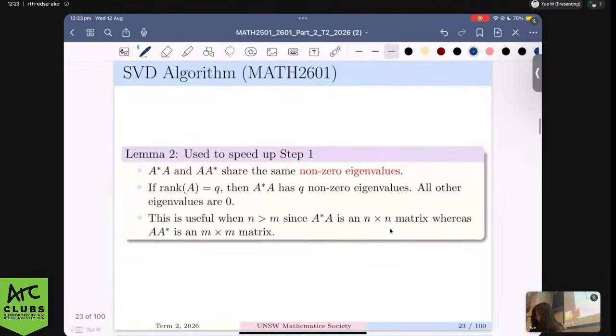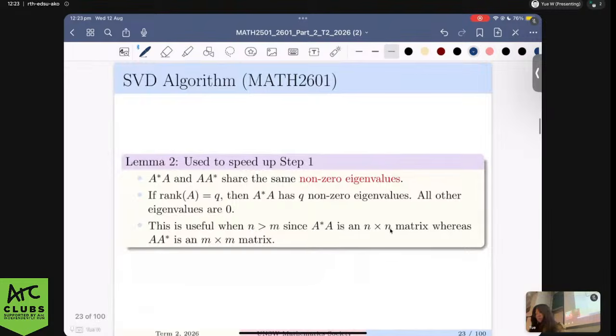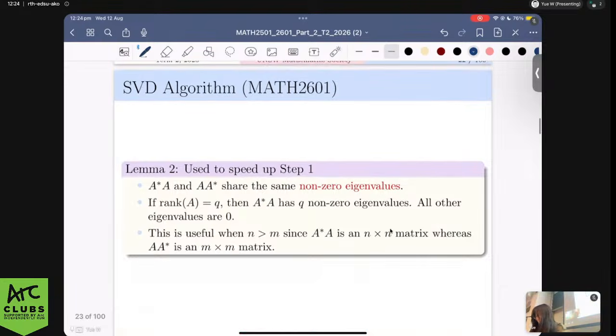So now we can move on to a lemma. This is used to speed up step 1 a little bit. If you consider A adjoint A and A A adjoint, they share the same non-zero eigenvalues. So if the rank of A is equal to q, then A adjoint A has q non-zero eigenvalues, and you can conclude all the other eigenvalues are equal to 0.